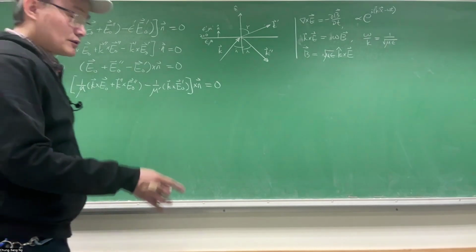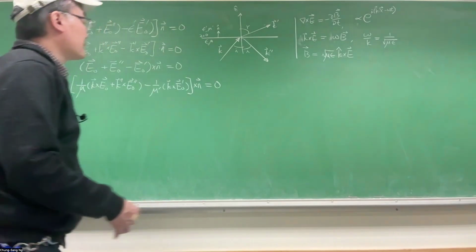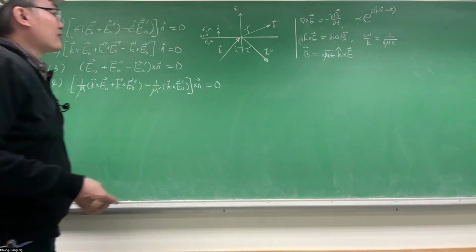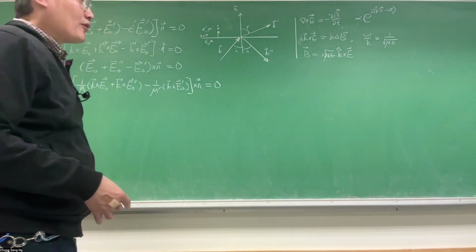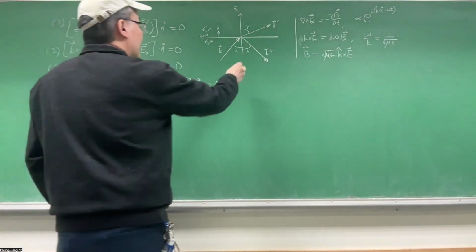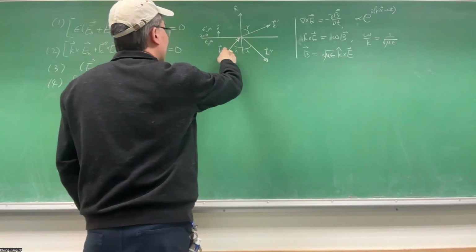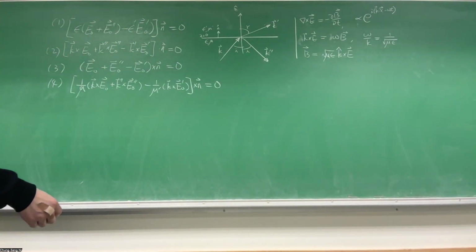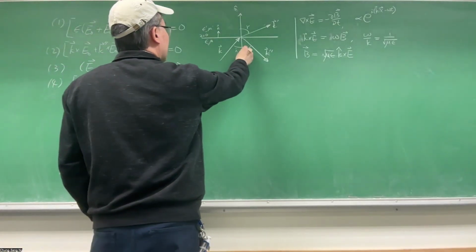If you use circular polarization, they become coupled, and so it becomes difficult, at least for this medium. For some other medium, circular polarization might be easier, but for a medium that simply has a constant epsilon and mu, linear is easier.